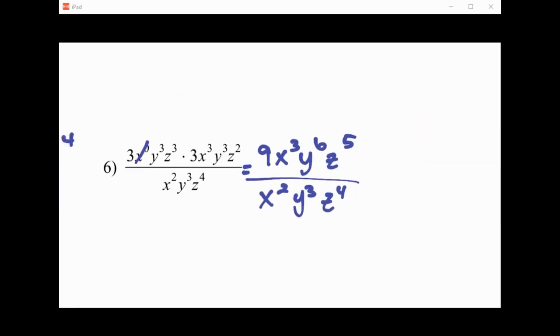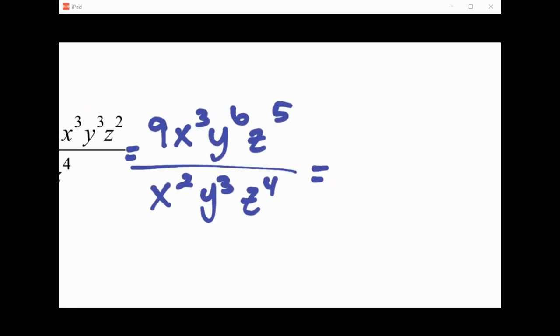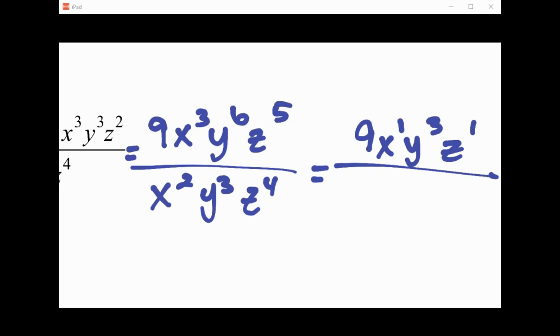Then I just subtract. So 9 stays where it is. There's more x's on top. There's more y's on top, and when I subtract, I get 3. And there's more z's on top, and when I subtract, I get 1.